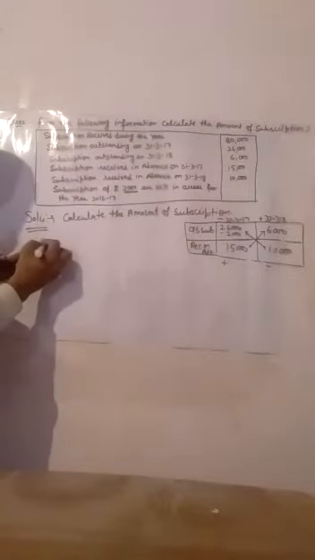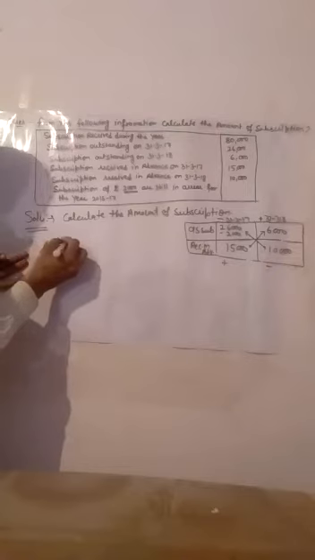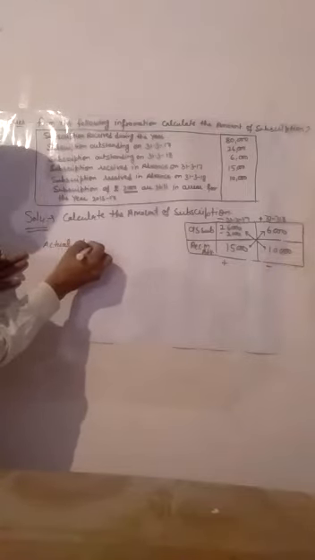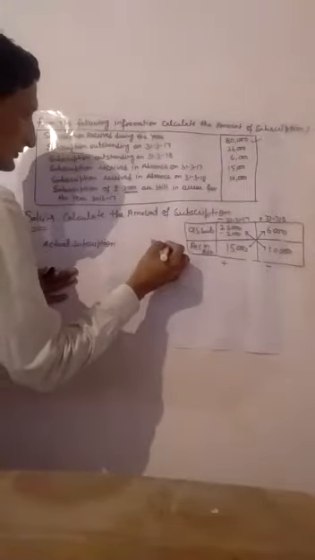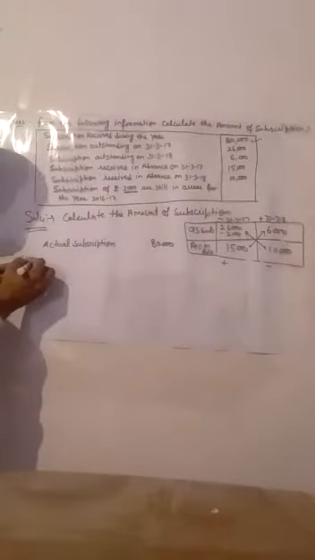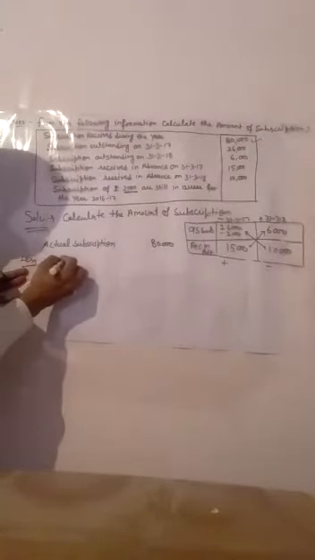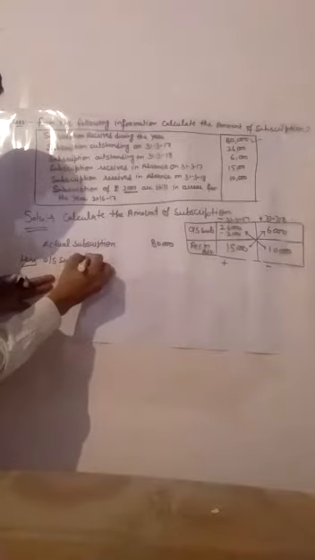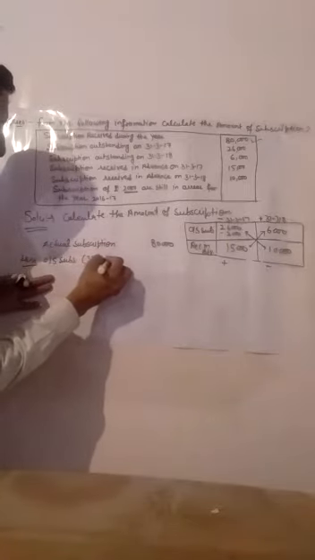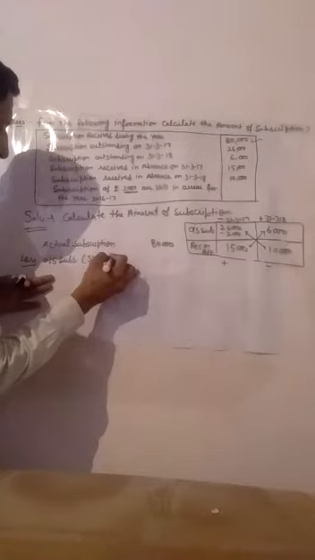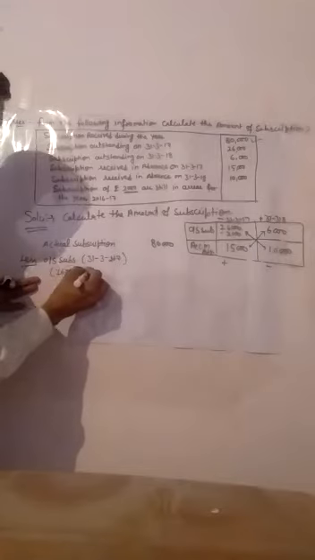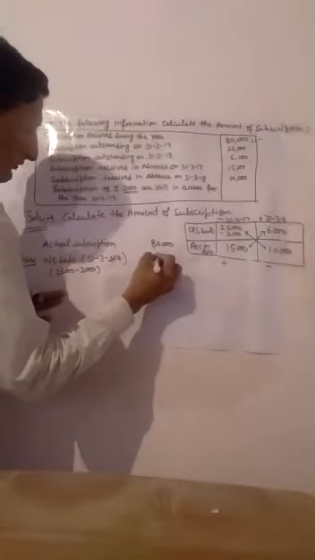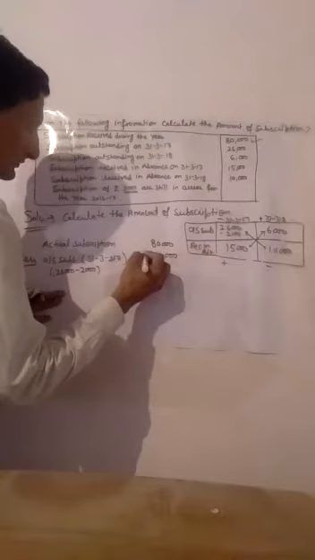So, first of all, actual subscription is given there, that is 80,000, less outstanding subscription at 31st March 2017, that is 26,000 minus 2,000, meaning 24,000, that will be less.